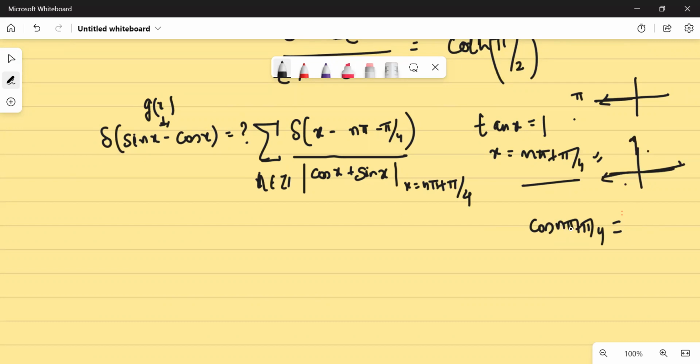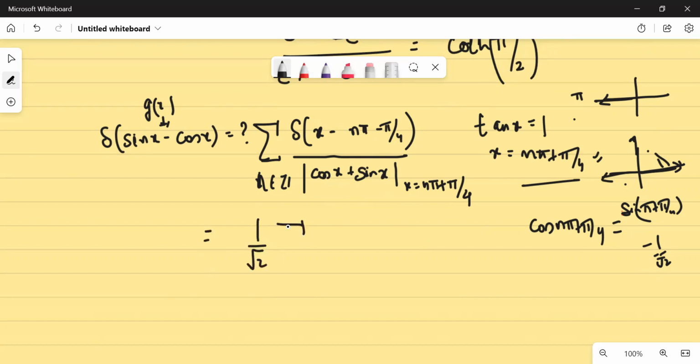See, if you put n as 1, then pi plus pi by 4, sin of pi plus pi by 4 will be negative, minus 1 upon root 2, and cos of pi plus pi by 4 will also be minus 1 upon root 2. And if you take 2 pi plus pi by 4, sin is positive and cos is positive. In any case, these both will be 1 by root 2 plus 1 by root 2. Is that clear? This will remain 1 by root 2 plus 1 by root 2, or minus 1 by root 2 minus 1 by root 2. In any case, if you take the modulus, this will be 2 upon root 2, that is root 2.